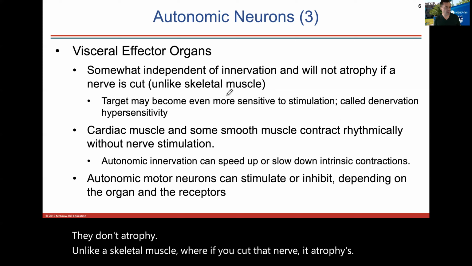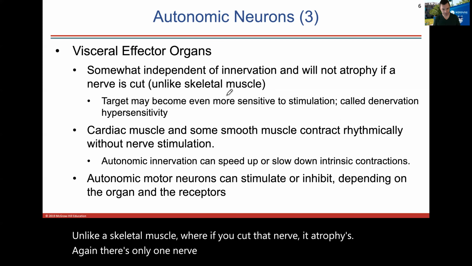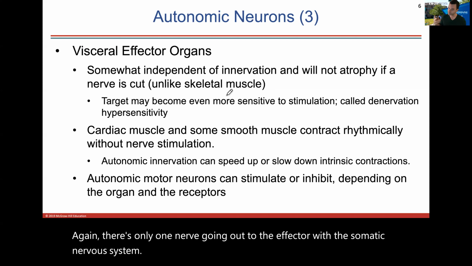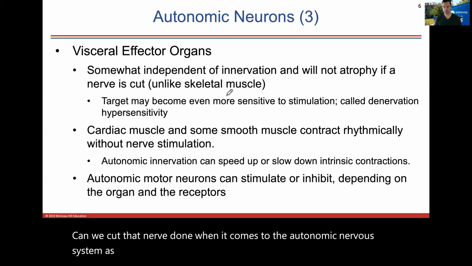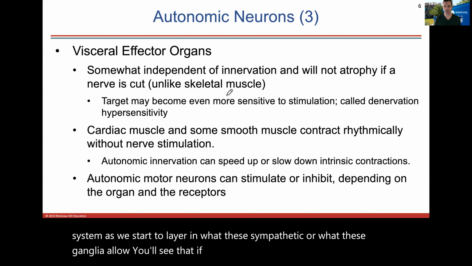Again, there's only one nerve going out to the effector with the somatic nervous system. So when you cut that nerve, done. When it comes to the autonomic nervous system, as we start to layer in what these ganglia allow, you'll see that if that nerve gets cut, we don't necessarily have atrophy.